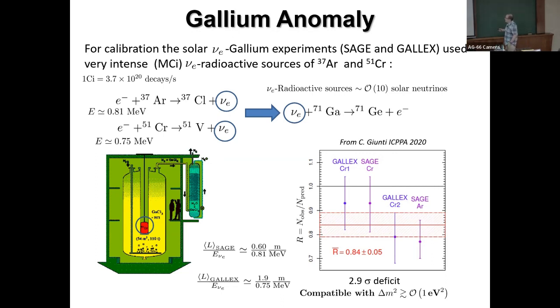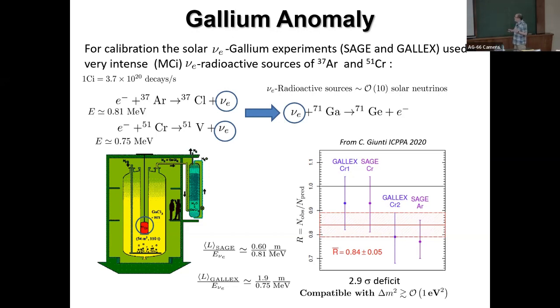They use chromium and argon, and combining all their measurements, they found an inconsistency between the observed neutrinos and the predicted neutrinos.